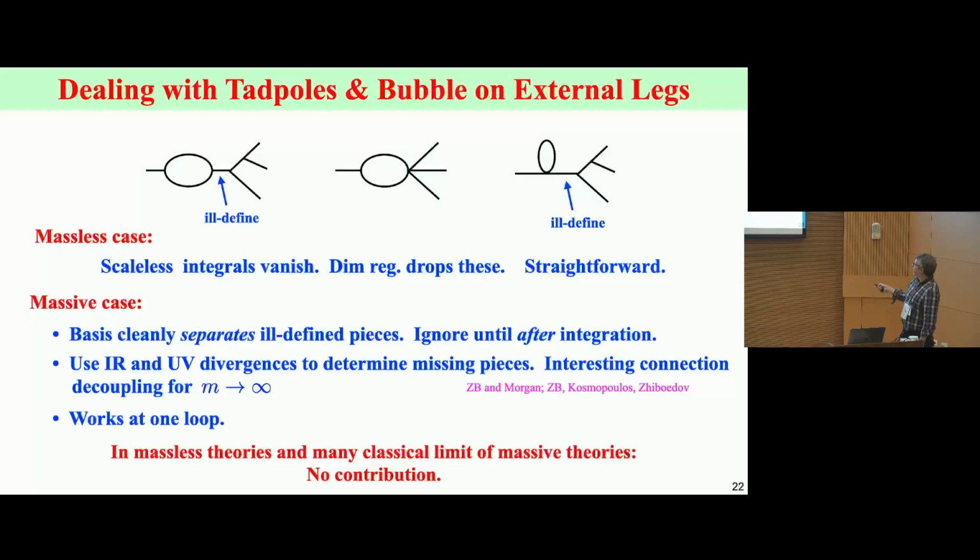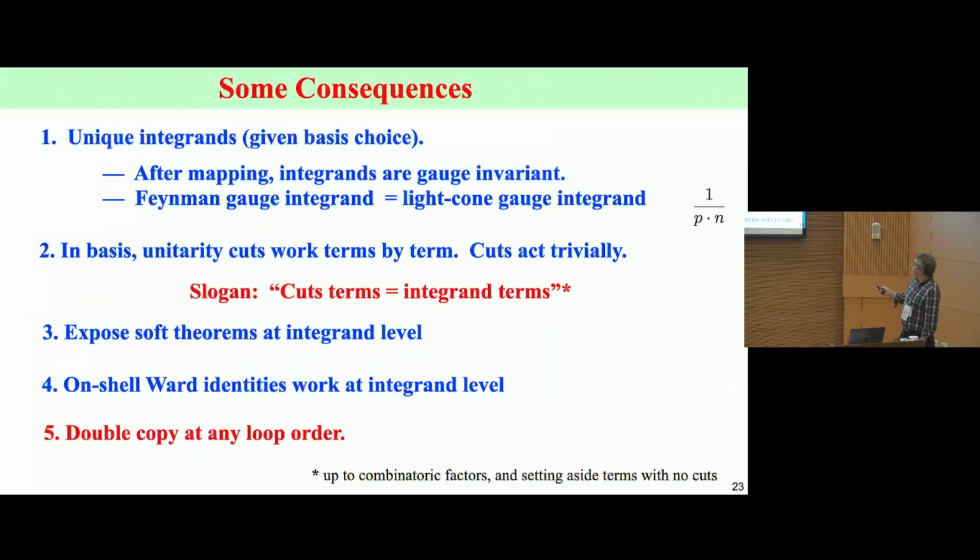I should comment, there's an interesting connection to decoupling for m goes to infinity. That's an alternative way to think about the constraints that you need to figure out what the missing pieces are in the massive case. In any case, mostly we're interested in massless theories or classical limit of massive theories where none of these issues really matter.